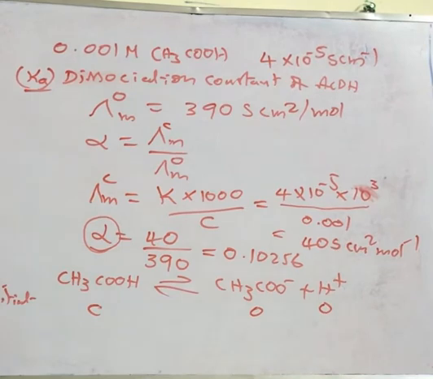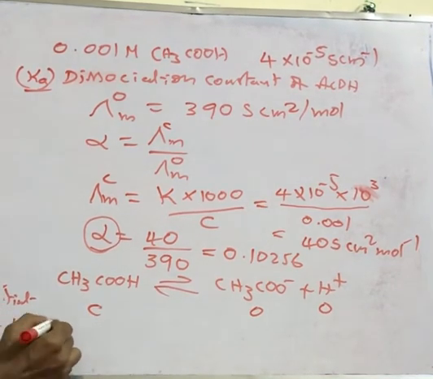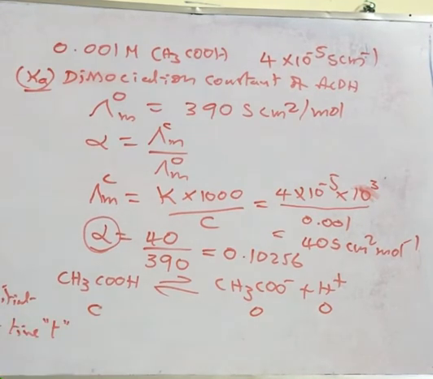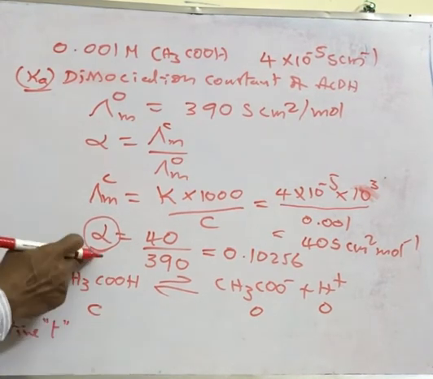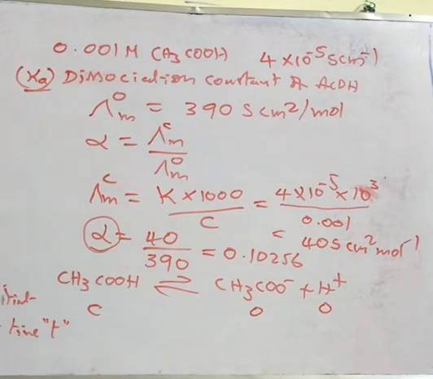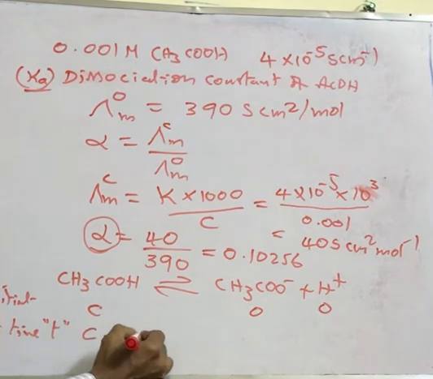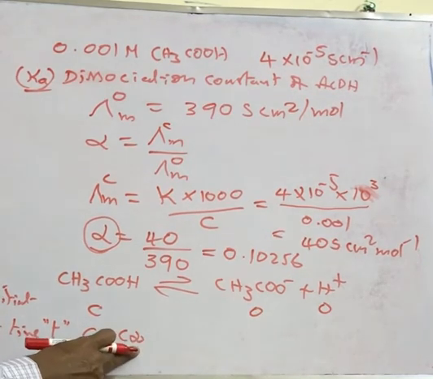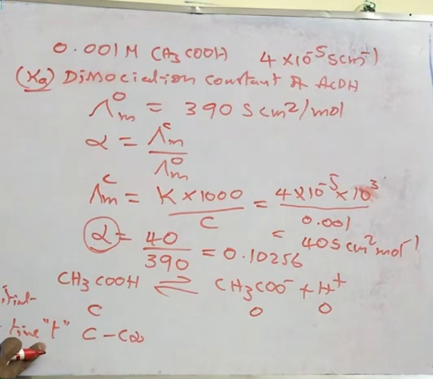After time t, you consider that this much is dissociated. How much is the degree of dissociation? Alpha times it is dissociated. So C alpha is dissociated, and the leftover will be C minus C alpha.